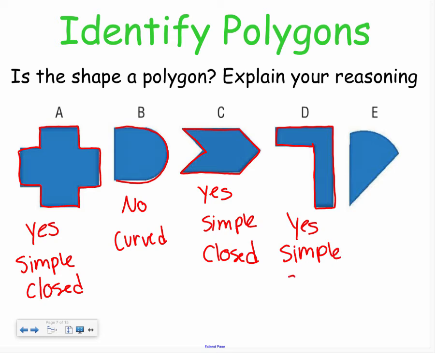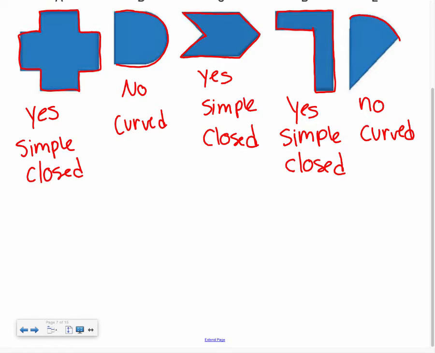And part E is no, again because we have a curved side. To give you an example that is not closed, it could be a figure that looks something like this, and we would say no because it is an open shape. The sides do not come together to meet.